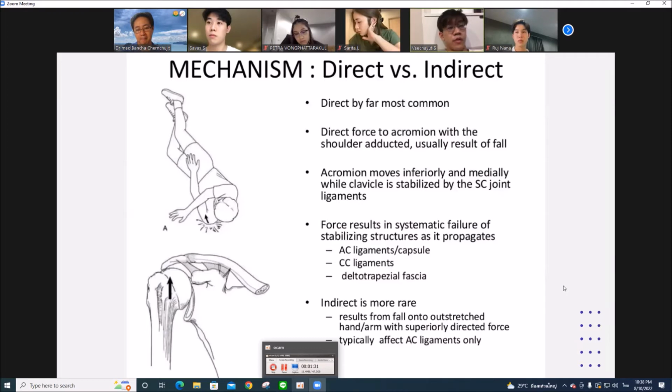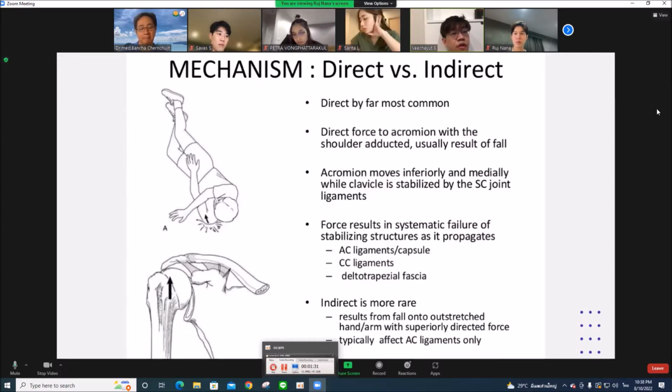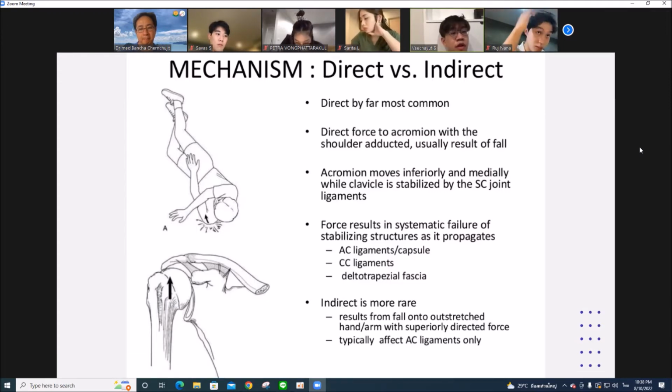For the next part, we'll be talking about the mechanism. In AC joint dislocation, the most common mechanism of injury is a direct force to the acromion with the shoulder adducted, usually as a result of falling over. This causes the acromion to move inferiorly and medially, while the clavicle stays in place by the sternoclavicular joint ligaments.